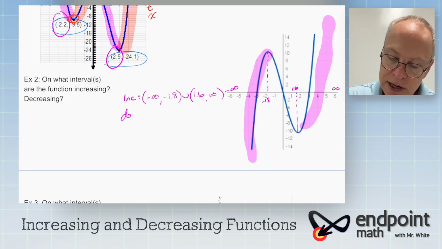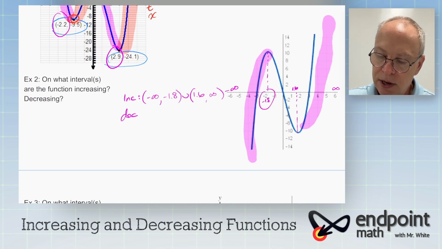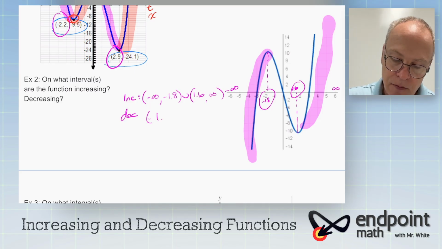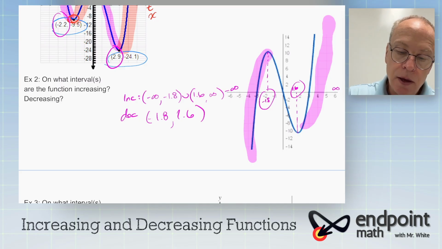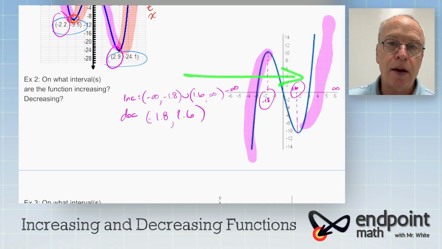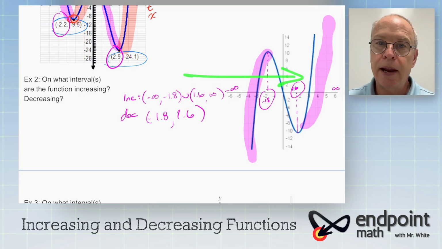And then when is it decreasing? It would be decreasing from negative 1.8 to 1.6, and that's it. There's no union needed here. There was only one short segment where it was going downhill. I can't say it enough. Read it left to right. Read it left to right, and you can just think about a roller coaster ride.